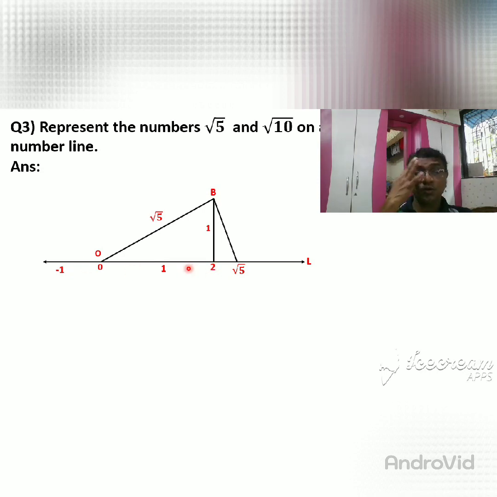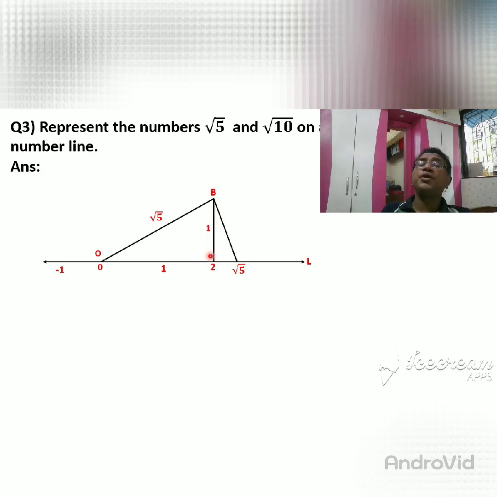And here you draw a 1 centimeter perpendicular segment, BA is equal to 1 centimeter. So you draw a 1 centimeter perpendicular segment on line L, means BA is perpendicular to L.